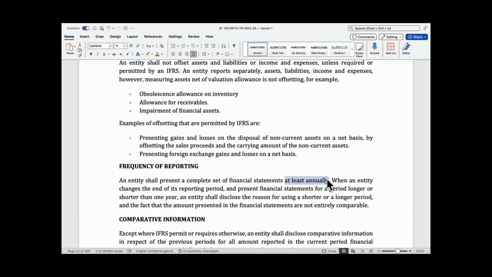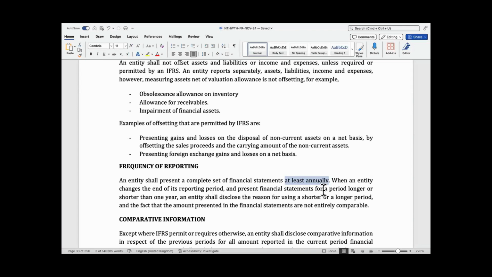And in Nigeria now, especially for tax purposes, when you're just starting a business, you can present a period lower or higher than 12 months in your first year.